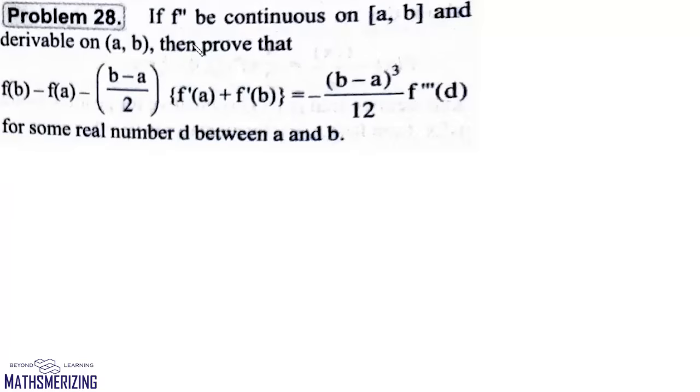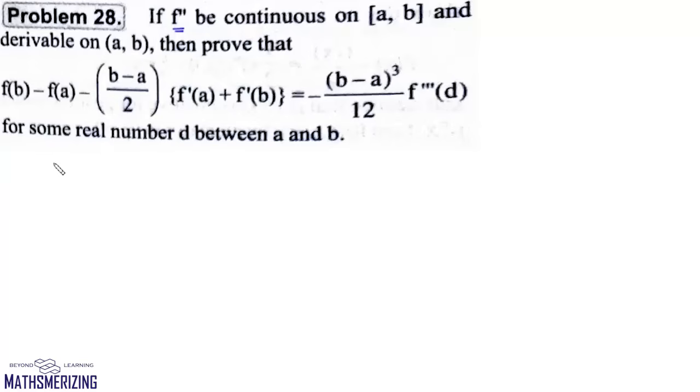Now the question is, if f'' is continuous on [a, b] and f is differentiable on (a, b), then prove that f(b) - f(a) - (b - a)/2 [f'(a) + f'(b)] = -(b - a)^3/12 f'''(d) for some real d lying between a and b.